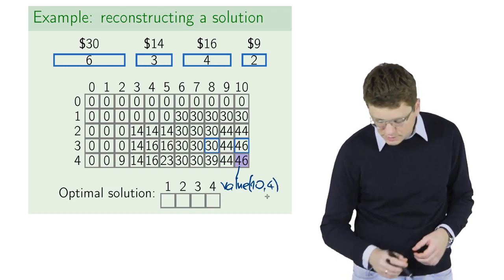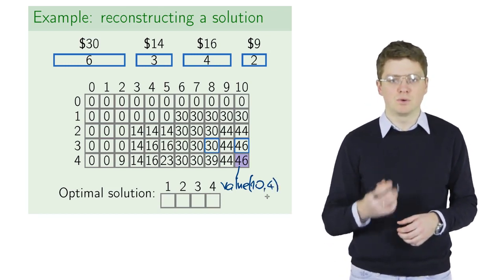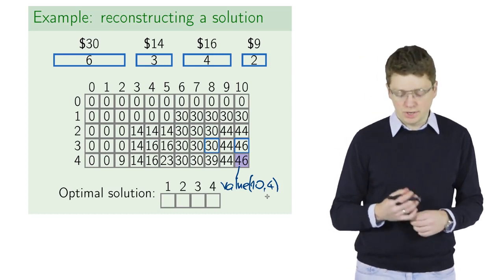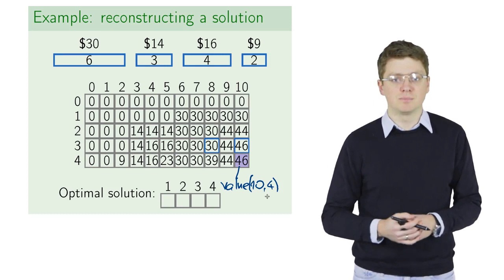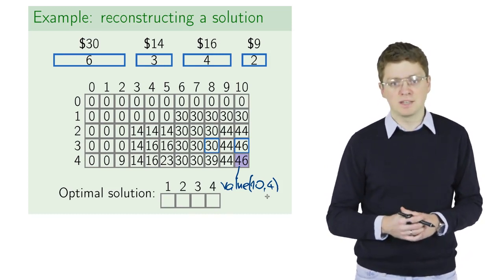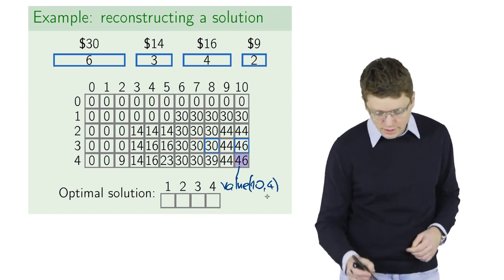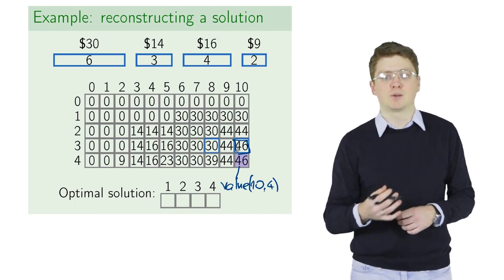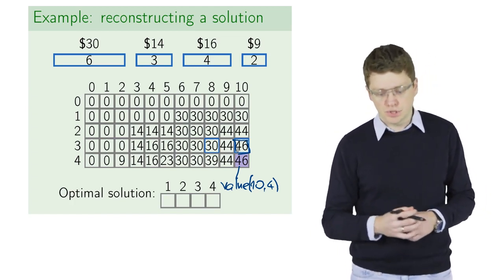That is, this is the optimal value for a knapsack of total weight 10 using the first 4 items. We argued that the fourth item is either used or not. If it is not used, then this value is the same as the value 10, 3, which is shown here. That is, the value of the knapsack of the same weight using the first 3 items.